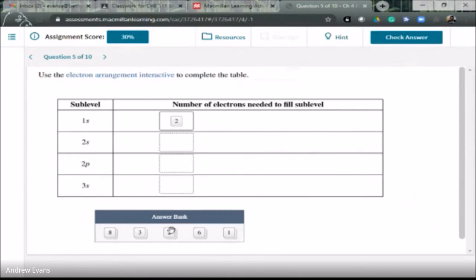How many electrons can be filled into the 2s? Another 2. How many can be filled into the 3s? Another 2. How many can be filled in the p? Well, just 6. Because there are 3 p orbitals, there are 6 elements over in the p group. You can fit 6 electrons.